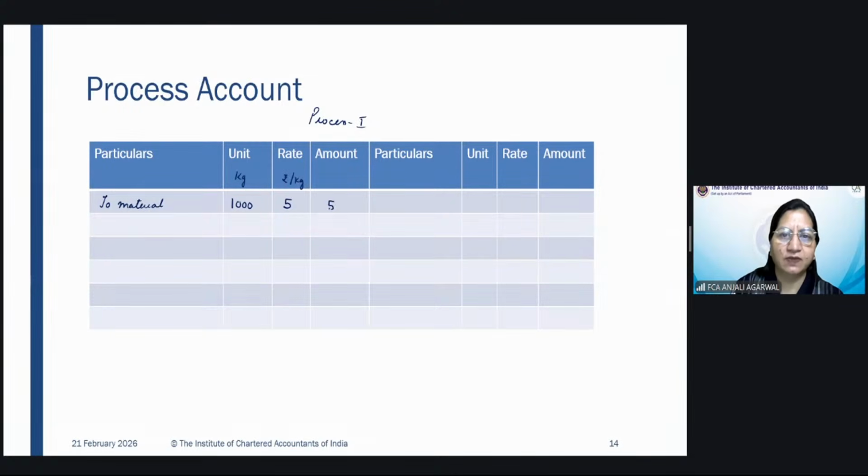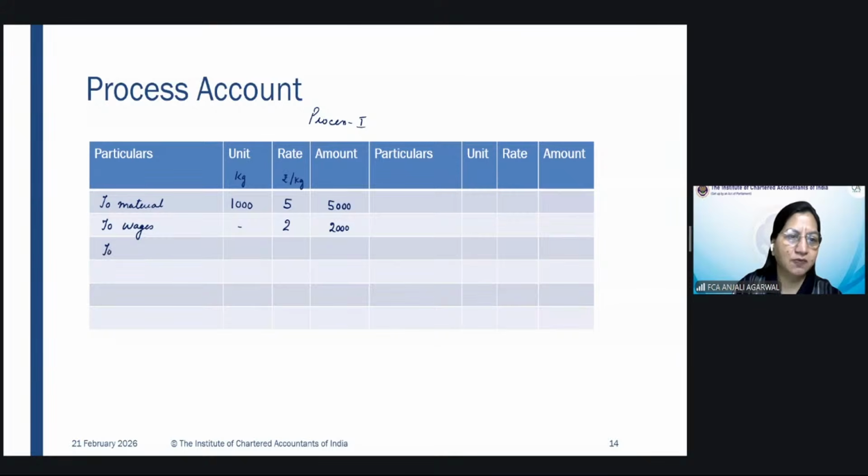Amount becomes 5,000. To wages. Now wages are not units, so nothing will come here. So let's say on this 1000 units, you employ wages at the rate of 2 rupee per unit, or let's say 2000. So 2000 will be divided by 1000. It will come out to be 2 rupee per unit.